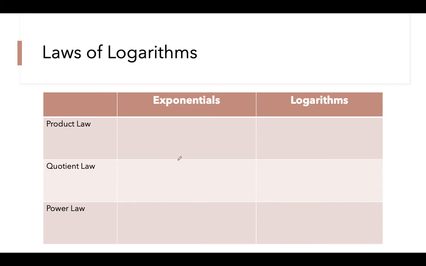From the previous chapters, we know the product law for exponential. If you have the same base, a to the x times a to the y, you add the exponents, x plus y. So we can transition this into logarithm.